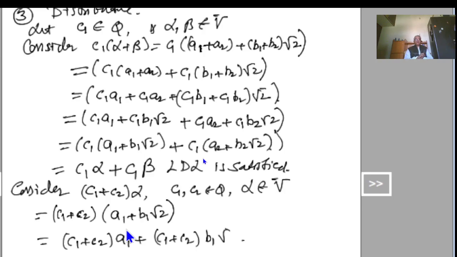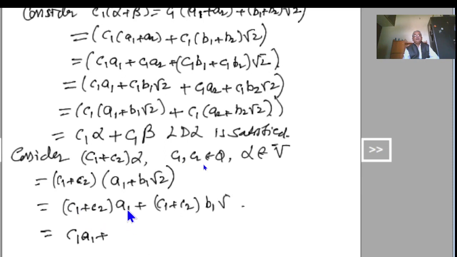That is, C1 on one side, C2 on the other side. This can be written as C1 A1 plus C1 B1 root 2, plus C2 A1 plus C2 B1 root 2.